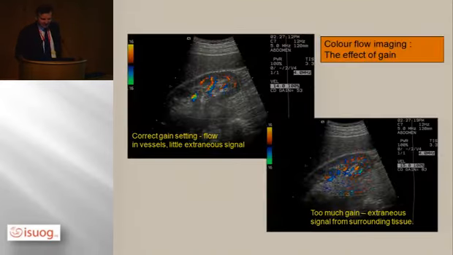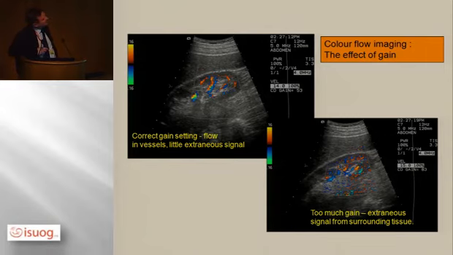What about the gain? Well, sounds obvious, but if you flood the image with gain, then you will obviously not be able to see the vessels because there'll be a lot of extraneous artifact. Turn the gain down a bit, and you need to calibrate this virtually every time you do color flow imaging.